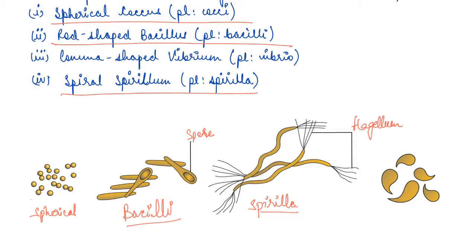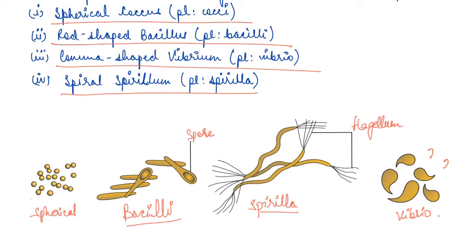And the last one is shaped like the comma we put, if you remember, like this. So these are comma shaped and are known as Vibrio. So on the basis of shape, you can group bacteria into 4 categories.